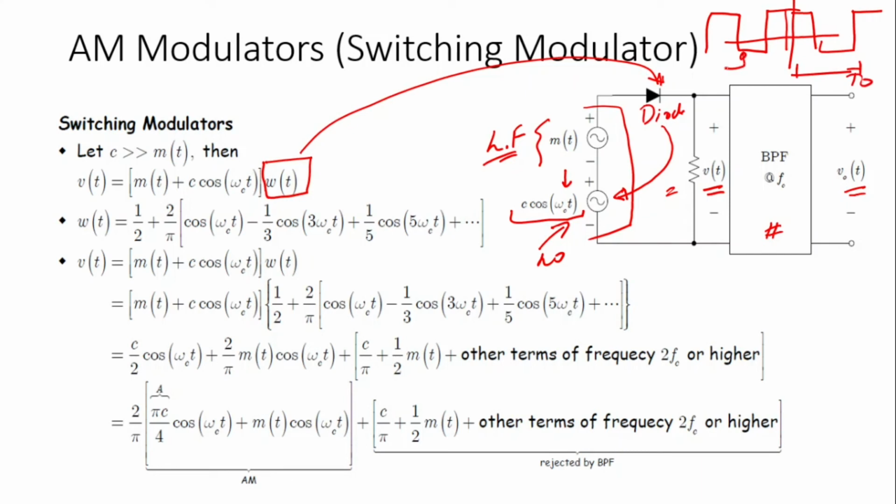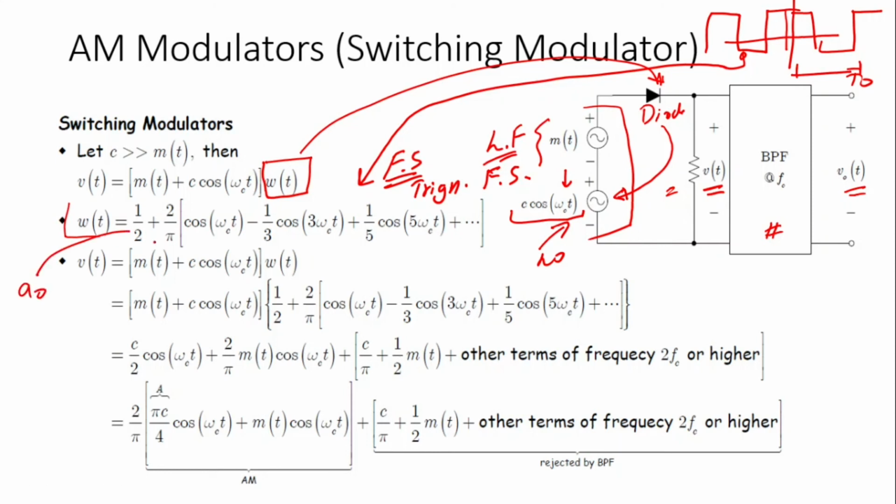So this square wave would have a time period of T naught. If this is periodic, which it is, we can use Fourier series, and particularly we have used trigonometric Fourier series over here, and we expressed that by means of an a naught, and these are a n terms, and we have the harmonics omega c, 3 omega c, 5 omega c, and so on.